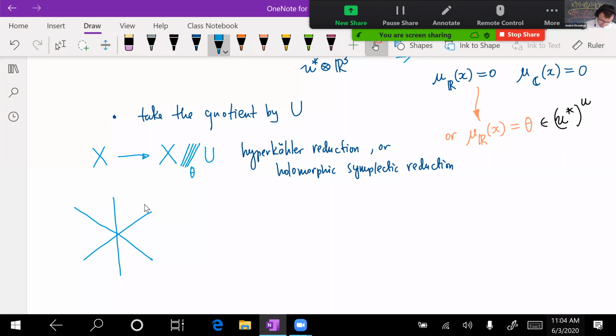And so if I have some generic theta and some less generic theta 0, then the theta stable locus is a subset of the theta 0 stable locus.